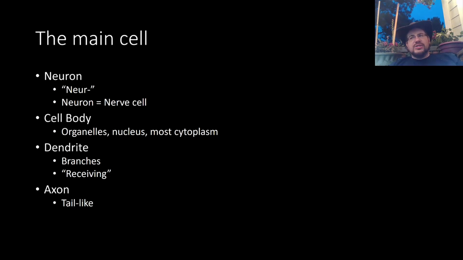It often branches into multiple terminal ends at the end of the axon, and each one connects to one or more dendrites of additional cells. Axons are often covered in fatty sheaths called myelin. We'll talk about myelin a little later. And anyway, this is the transmitting end of the neuron.